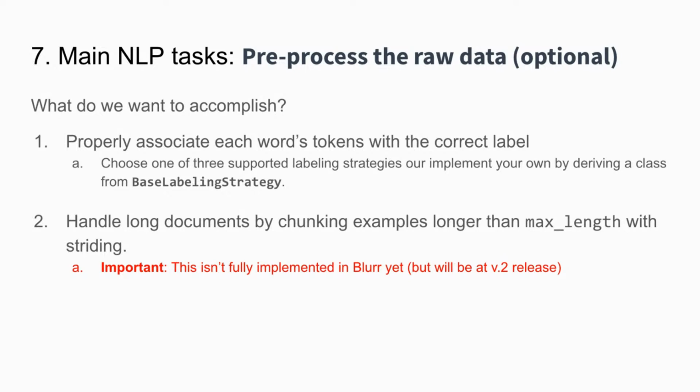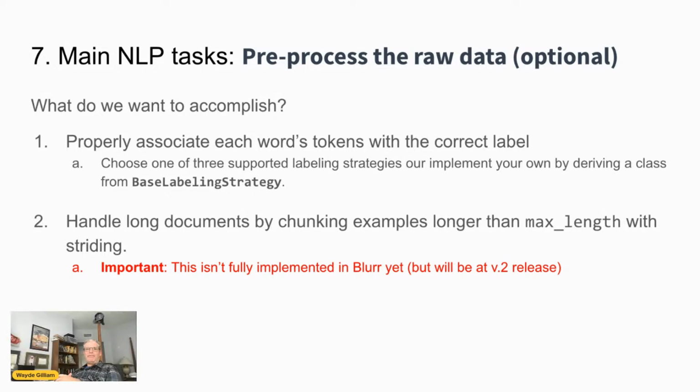But we need to use that for pre-processing so that not only are we creating input IDs, but we're also creating a modified list of labels, one for each of the tokens now, just as in the raw data we have one for each of the words. Also, this isn't in Blur yet, but one of the things I'm working on, it's there but not quite working 100%, at least on the modeling side, is making Blur able to handle long documents for token classification.